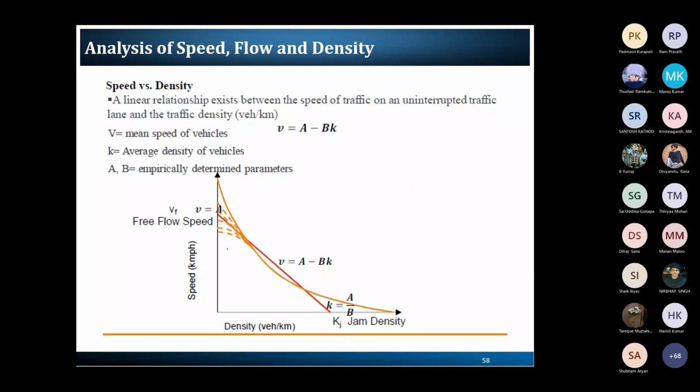Basically the speed and the density have a linear relationship, and that too in a negative manner. So this is the density and this will be the speed. This is the fundamental relationship. When density increases, the speed ultimately reduces. When the density is high, the vehicle speed becomes zero, which is the jam density, kj.